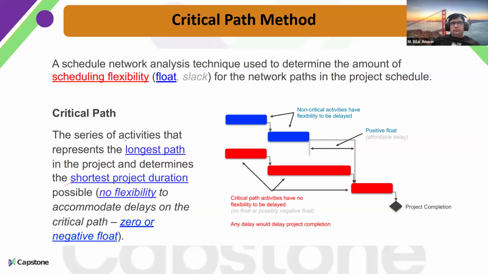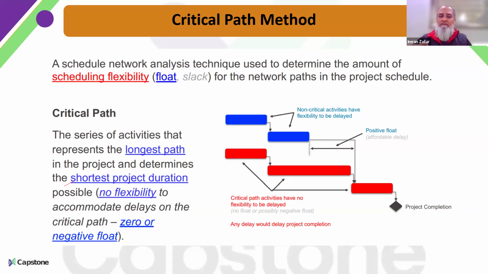network diagram. That is the longest path, and all the activities that fall on this longest path, we call them critical activities, because these are the activities which are so interlinked that we cannot afford any delay in those particular activities. We do not have any slack or any float between those activities.